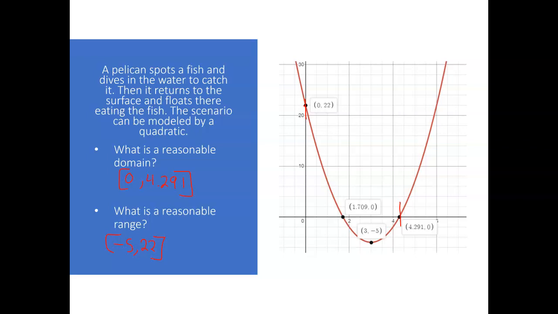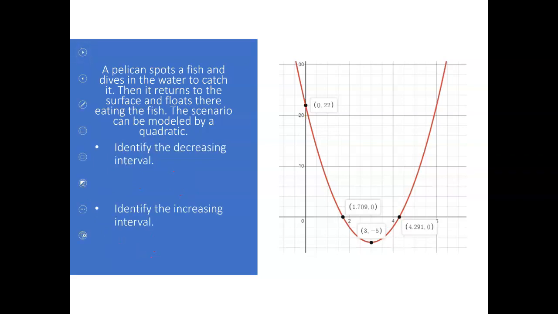Okay, it might be close to that. Now, reasonable range, reasonable domain. That tells us when stuff is happening and when it's done.